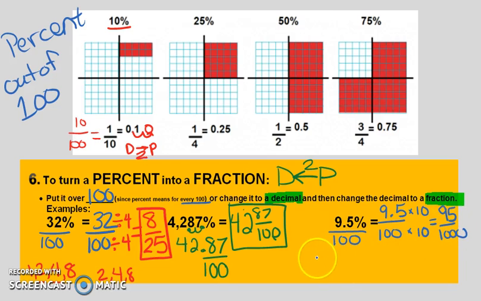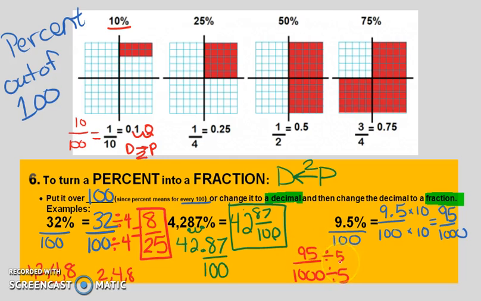I'm out of space. Let me rewrite this down here. 95 over 1,000. Notice one of these numbers ends in 5 and the other ends in 0. So that's a clue that both are divisible by 5. Now, I know I don't have my multiplication facts memorized this high.